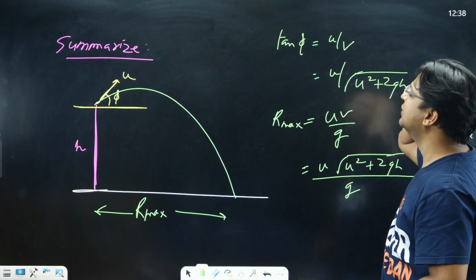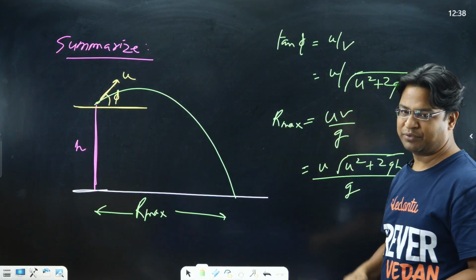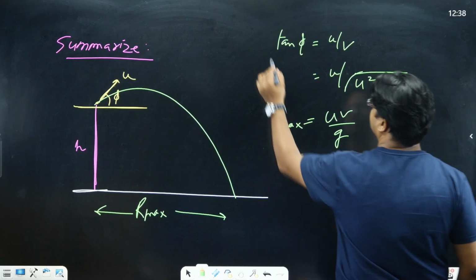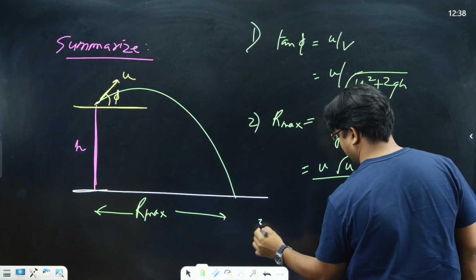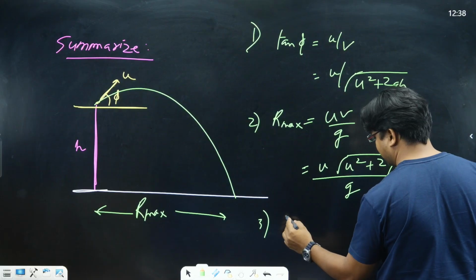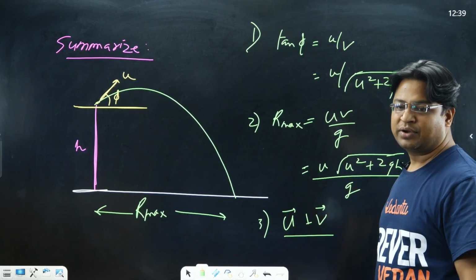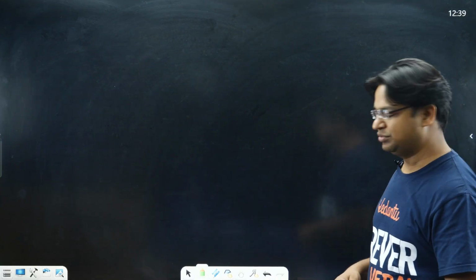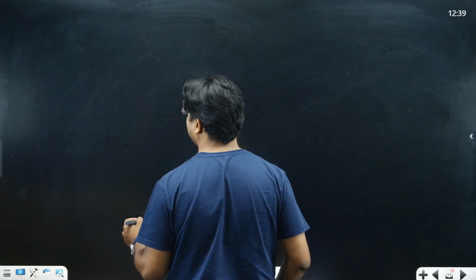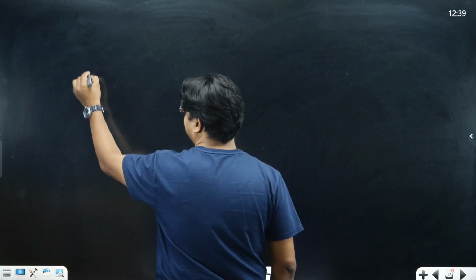So that is one point. This is the first result, this is the second result, and the third result is that u vector becomes perpendicular to v vector in this case. Okay, now let's continue our discussion. So I'm going to give you a great argument now. Keep listening.